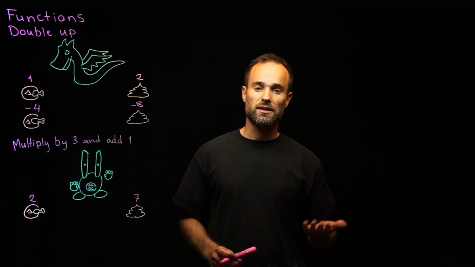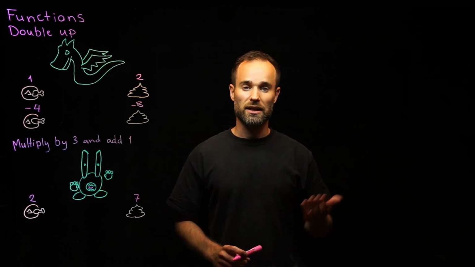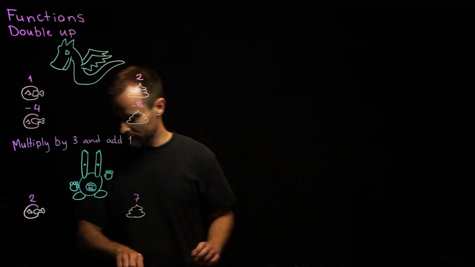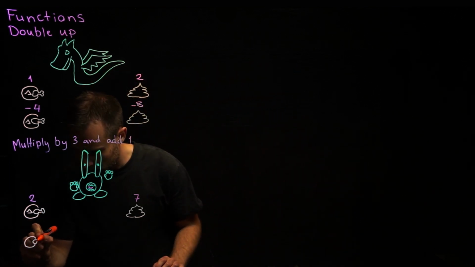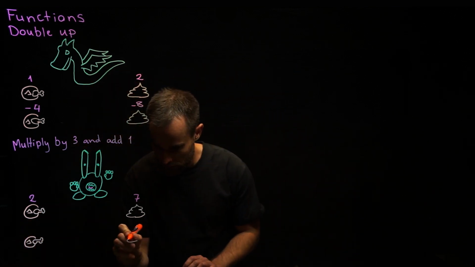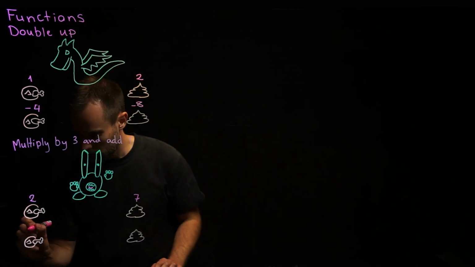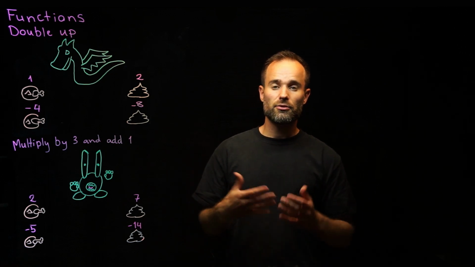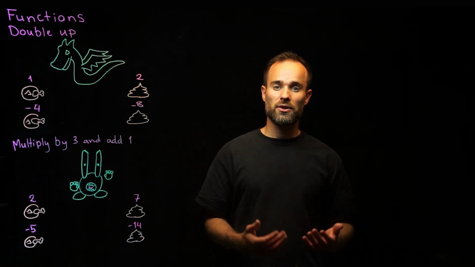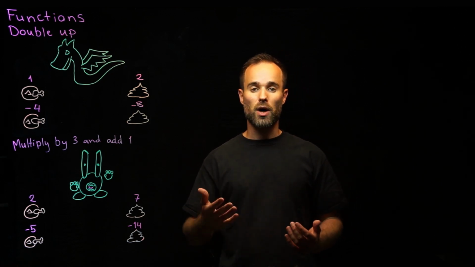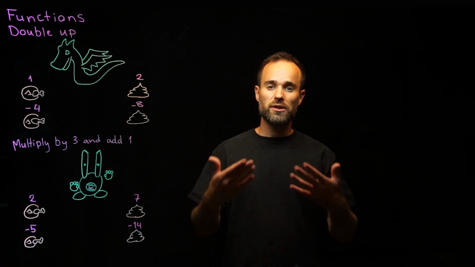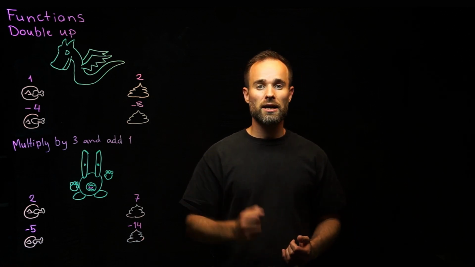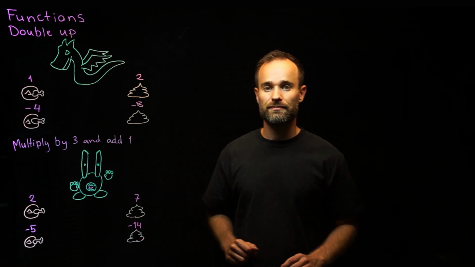Or when it eats a -5, it poops out a -14. If we let x represent the number that the monsters eat and y the poop, then they represent functions where y is a function of x.